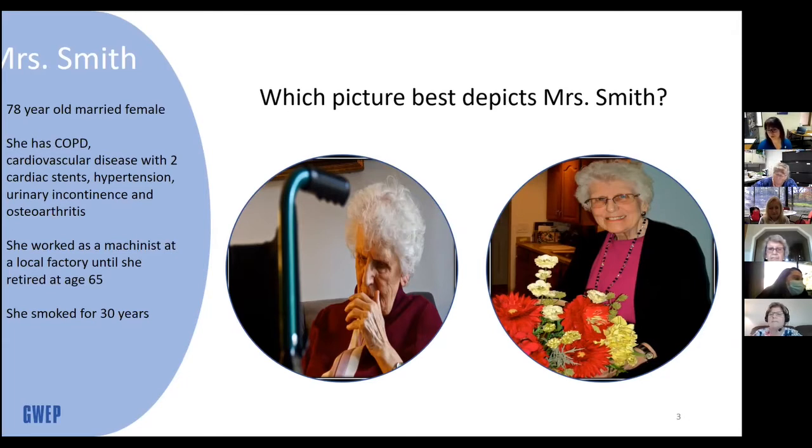And that's part of why we go through the comprehensive geriatric assessment, because regardless of whether she's on the left or on the right, this is someone whose health we can continue to optimize.